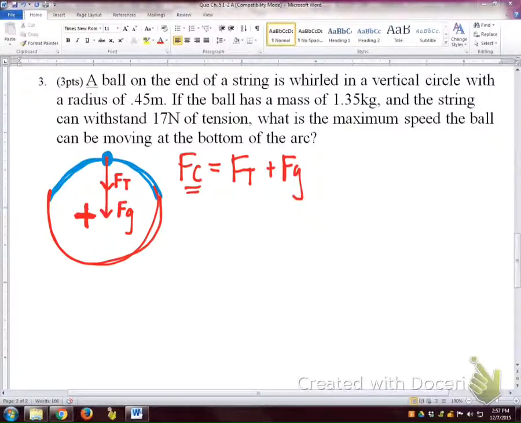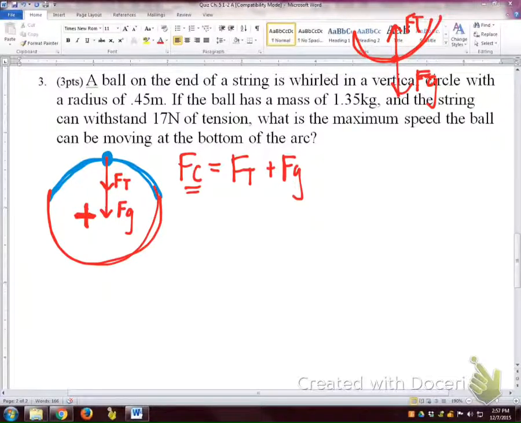When we looked at the bottom of our arc, we had tension going toward the center, which is positive, and gravity going away from the center, which was negative. That's why we subtracted them, and in this case we're adding them together because they're both pointing toward the center of the circle.